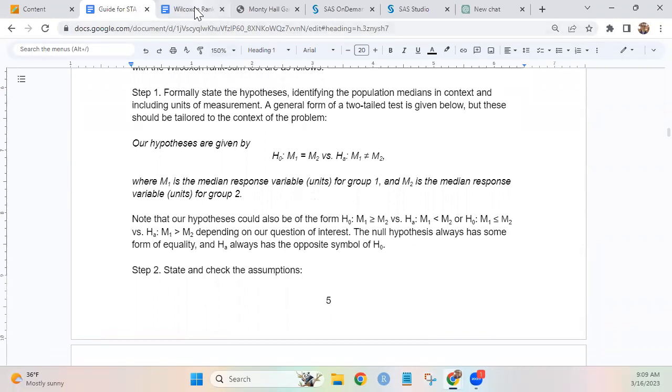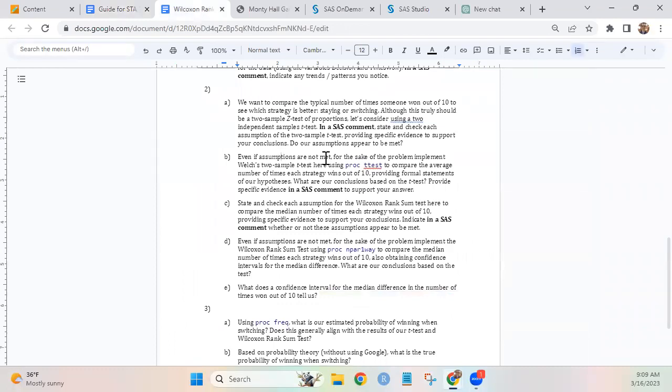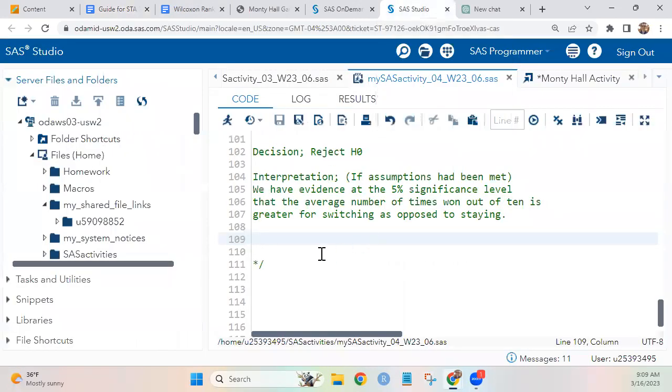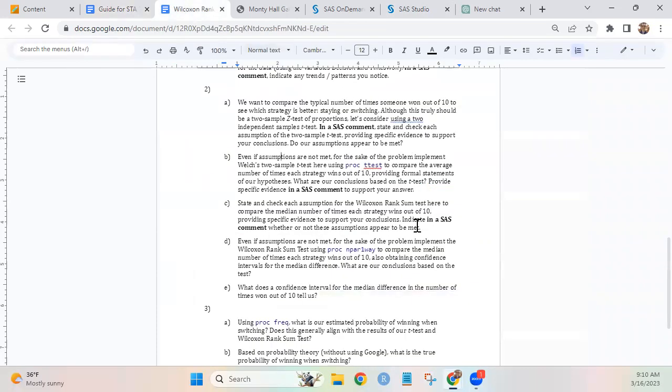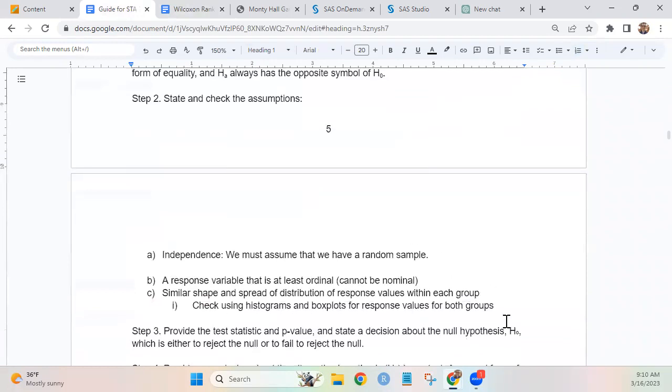Let's see what I asked for. Okay, checking assumptions for 2C. So we will check assumptions for the Wilcoxon rank sum test.